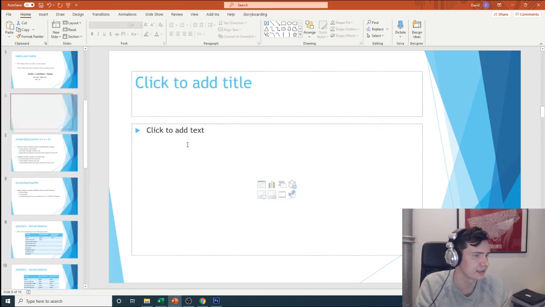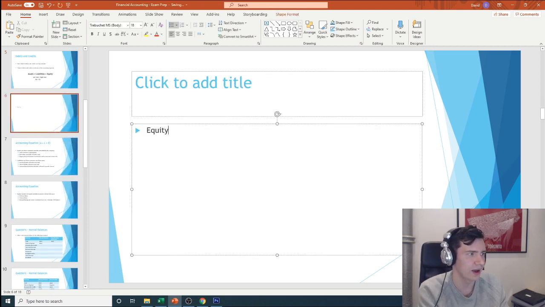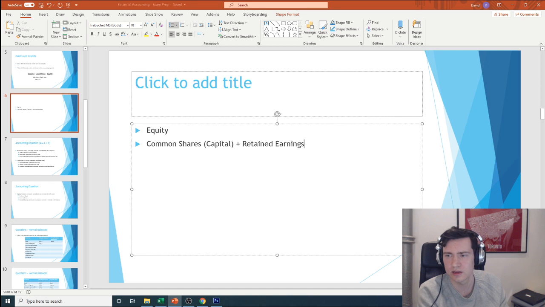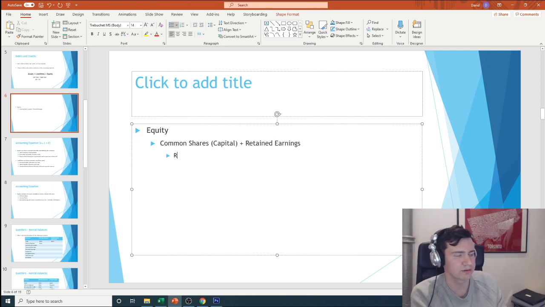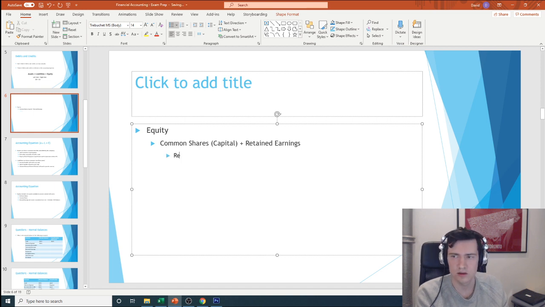Let's add a little slide here. Okay, so equity. Equity is made up of what? Common shares or capital plus retained earnings, right? Now, what is retained earnings made out of? Revenues less expenses less any dividends.